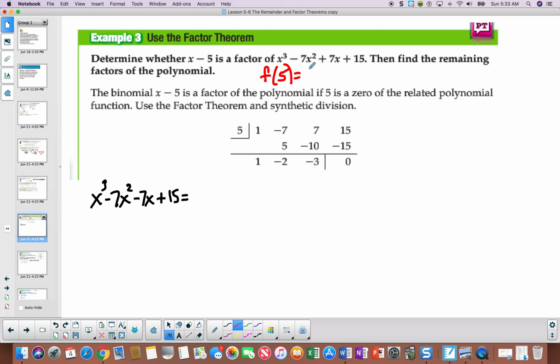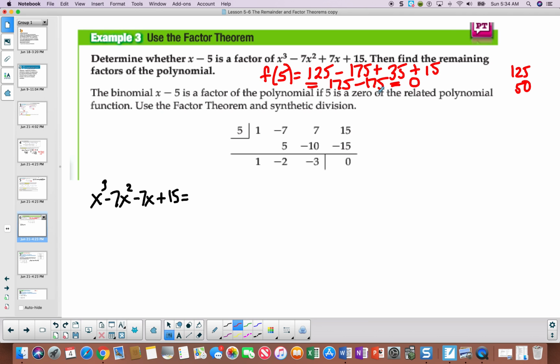And f of 5 is 125 minus 175 plus 5 times 35 plus 15. So this is going to be 125 plus 50. So this is equal to positive 175 minus 175.